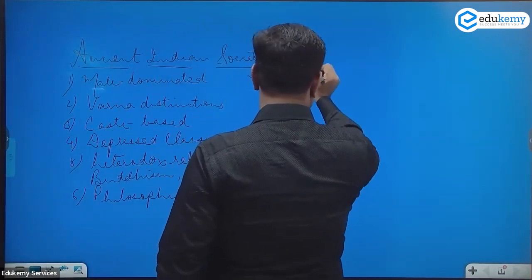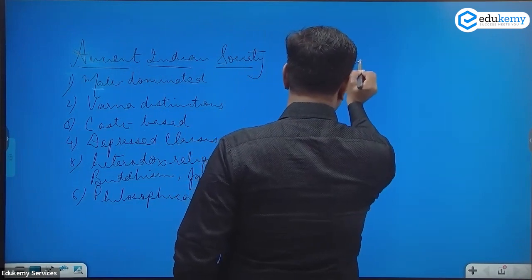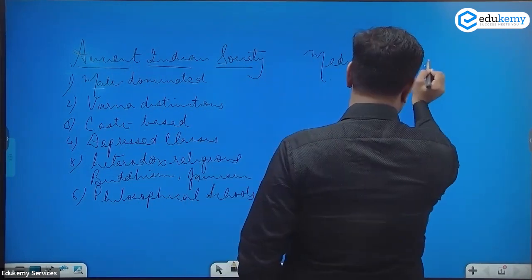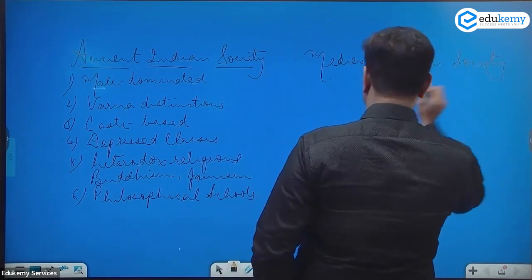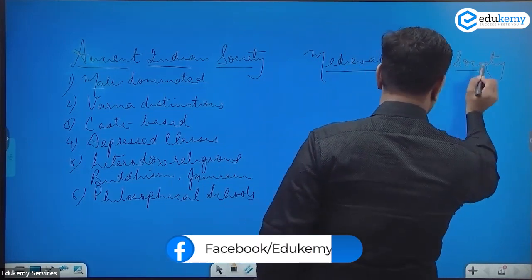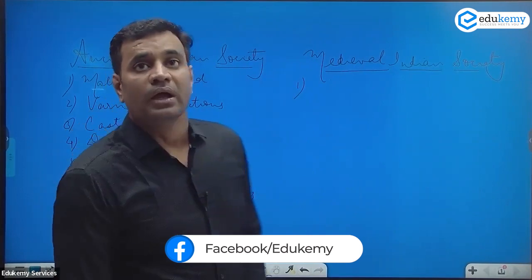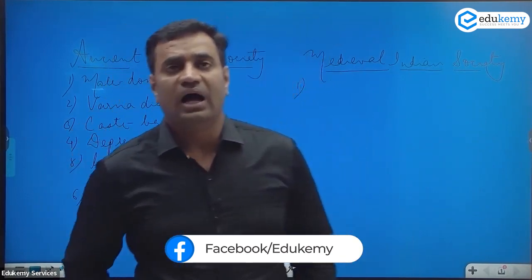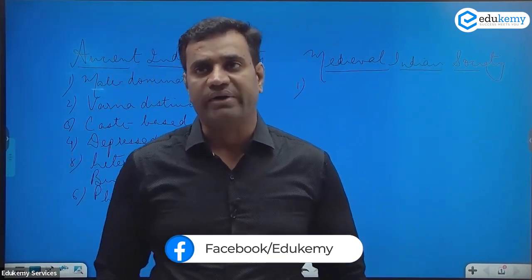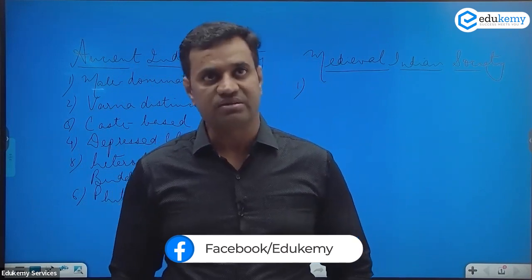So the second major dominant theme is medieval Indian society and its distinctive or salient features. Clear? Number one, first of all, in medieval India, a large number of Turkish warriors came from Central Asia.